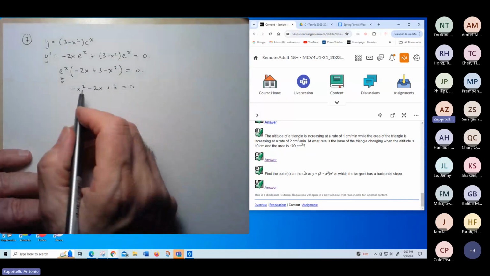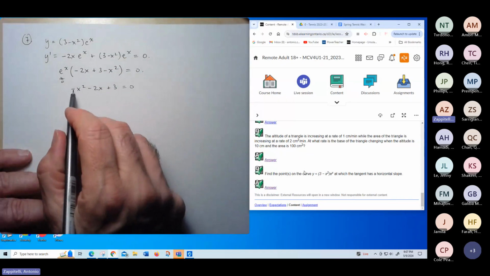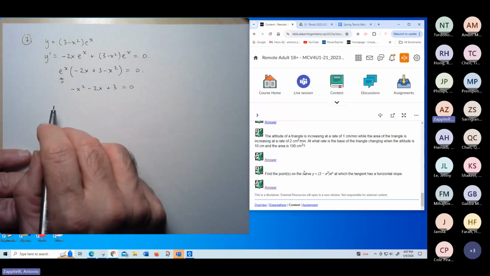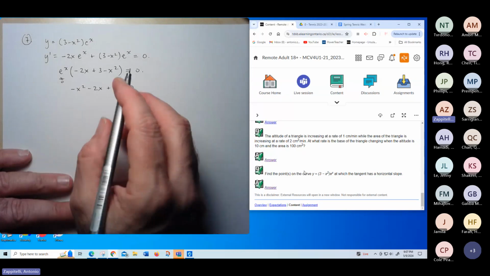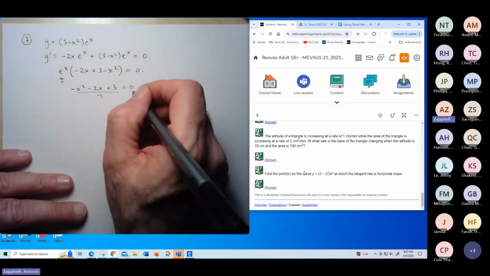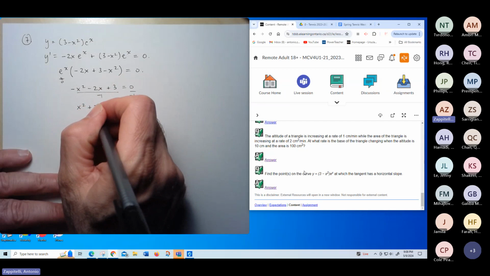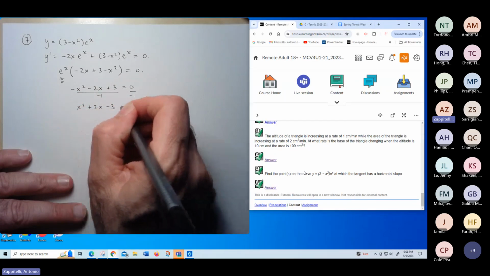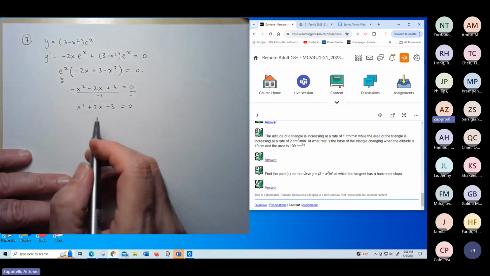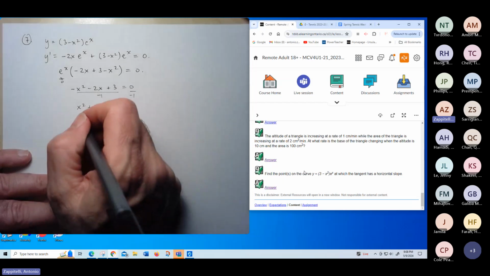Now, of course, factoring is a lot easier when I have a positive leading coefficient. So let me divide both sides by negative 1, just so that I'm left with x squared plus 2x minus 3 equals 0. And now this is much easier to factor.